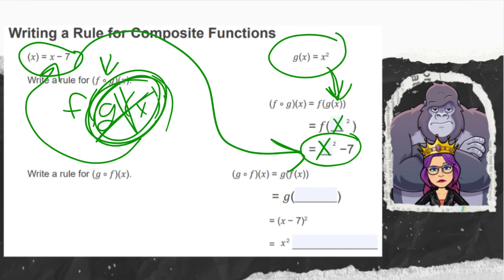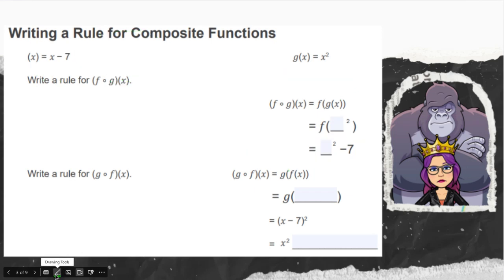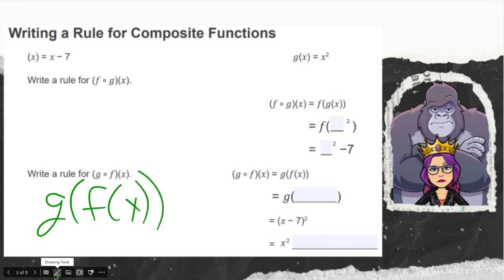Now we're going to do it backwards. So let's do this backwards now. Let's erase all our stuff. Now it's wanting us to do g of f of x. It's written like I pointed out right here.